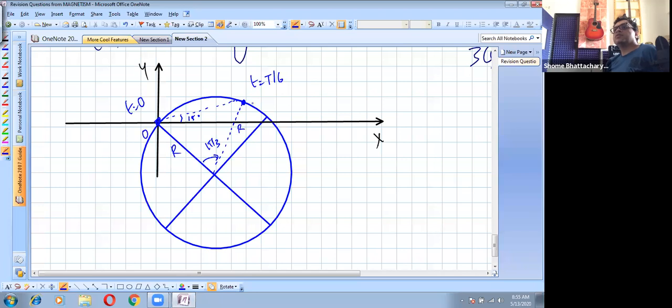Let's just come to this point P. This would be R. So that point P would have x coordinate equal to R cos 15 degrees, y coordinate equal to R sin 15 degrees, and z coordinate, of course, would be equal to 1/6 of the pitch.